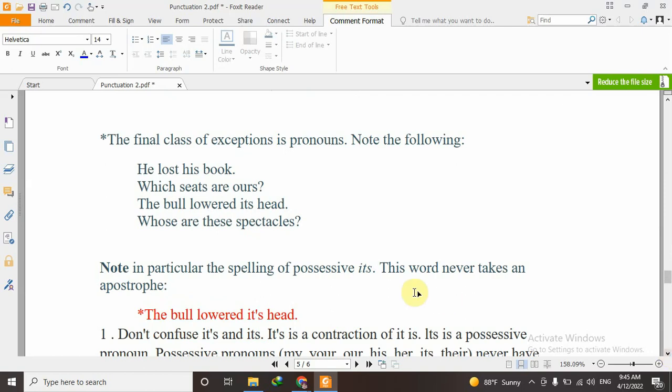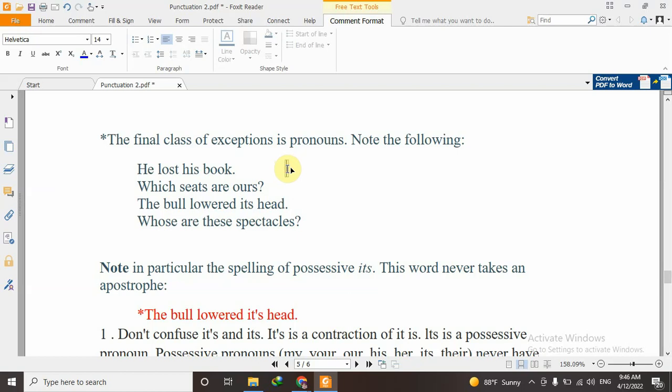Now the final class of exception is pronouns. Instead of saying "I am saying he lost", you have to relate the book to "he", so you have to say "his book". You also cannot use his name, because if you use his name it is as if you are talking about another person.